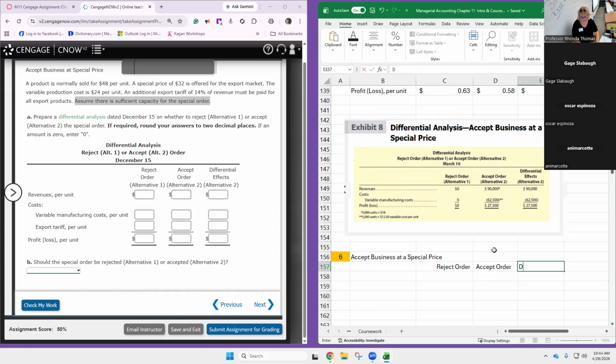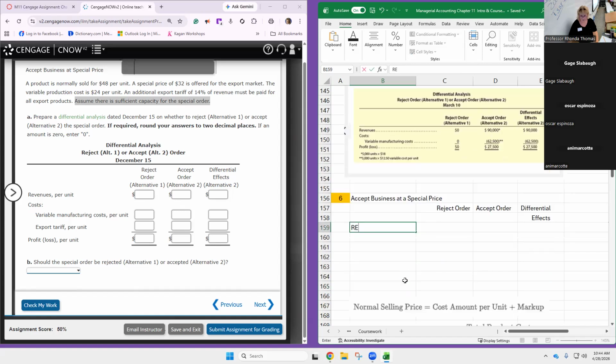And then the differential effects. I do like how they do this in this book. I've seen it done quite a bit differently, and it seems like it's a lot more straightforward. So that's a good thing. Okay, we want to start off with revenues. And then we have costs.